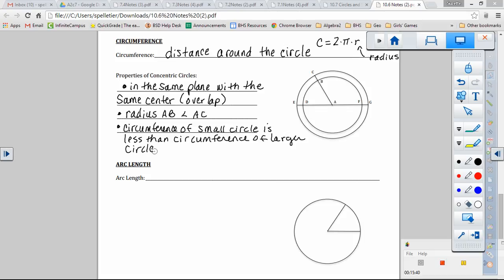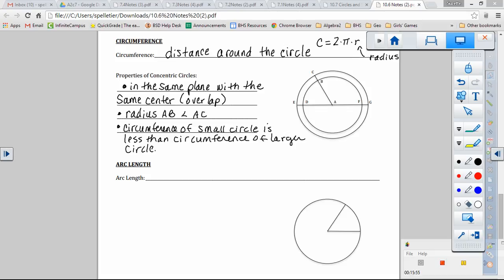Seems pretty self-explanatory, right? The distance around the outside edge of the smaller circle is going to be shorter than the distance around the outer circle. So that is circumference in a nutshell.